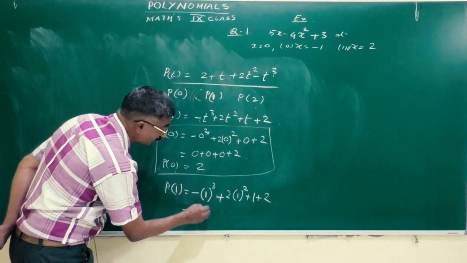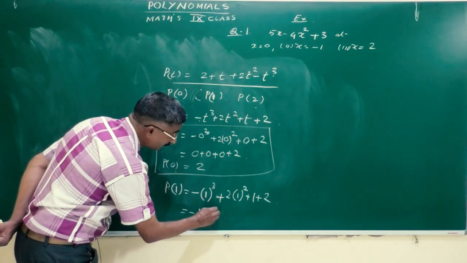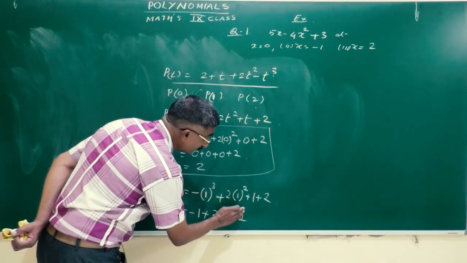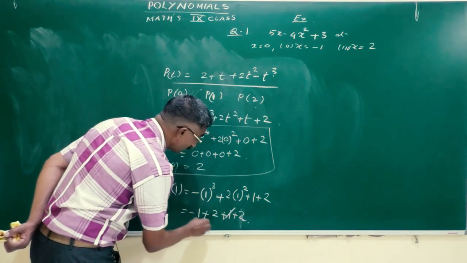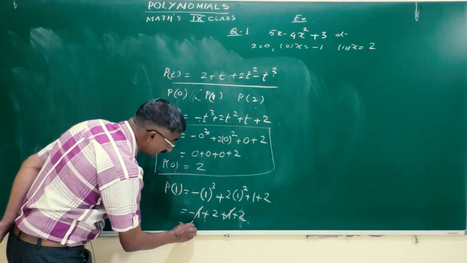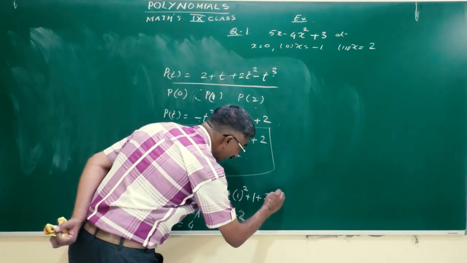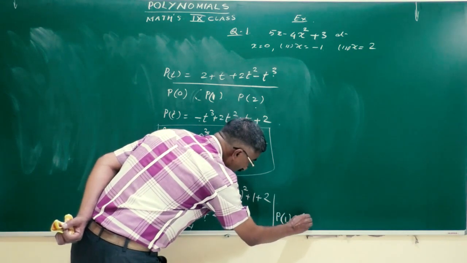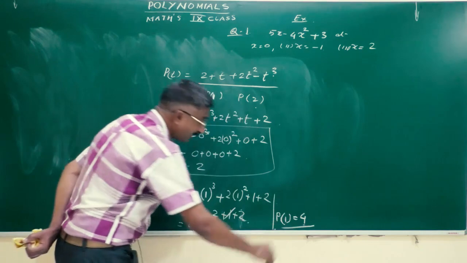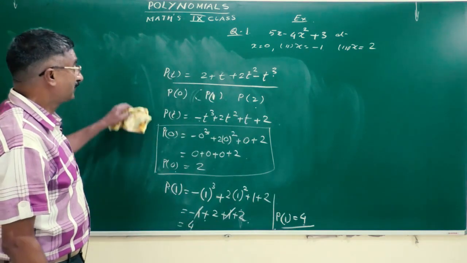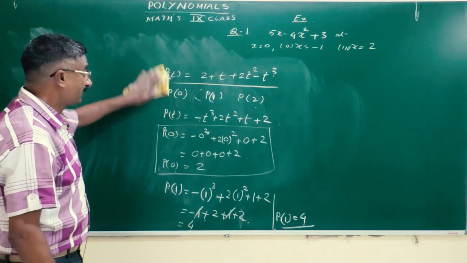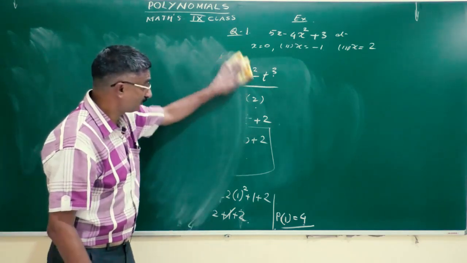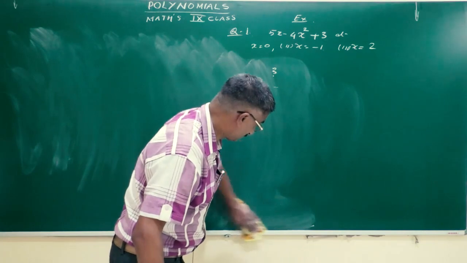So 1 cube is 1, so minus 1 plus 2 plus 1 plus 2. 1 is cancelled, 2 plus 2 is 4. So P of 1 is equal to 4 is the answer. Clear? So this is the second question, and you can solve for P(t) is equal to 2. Okay.